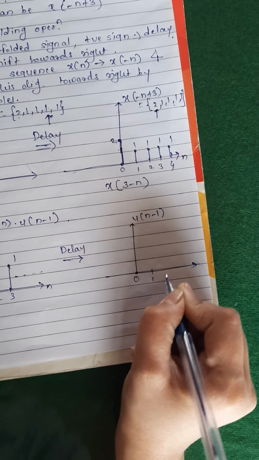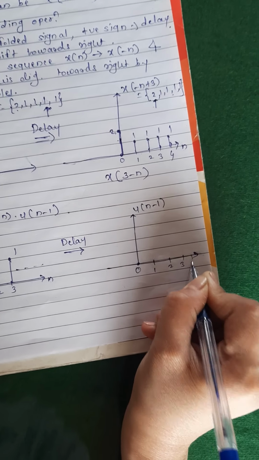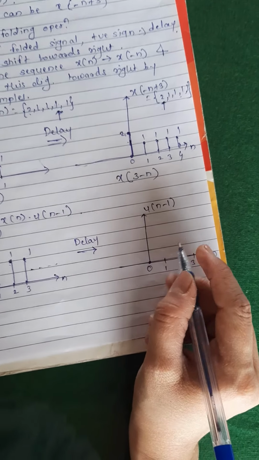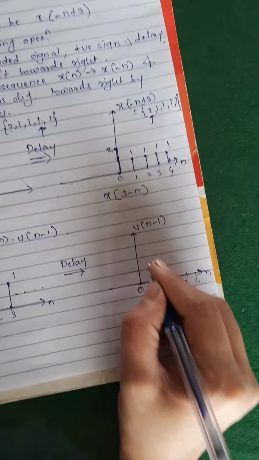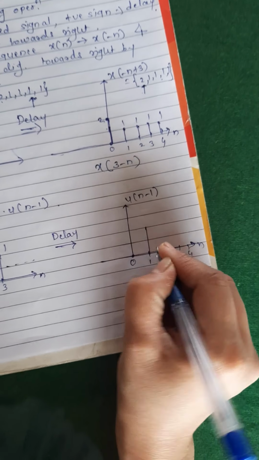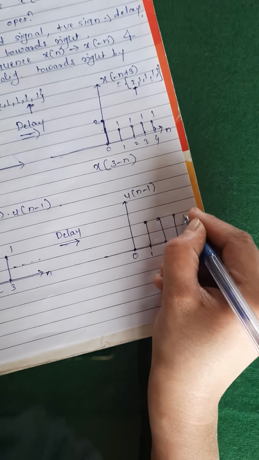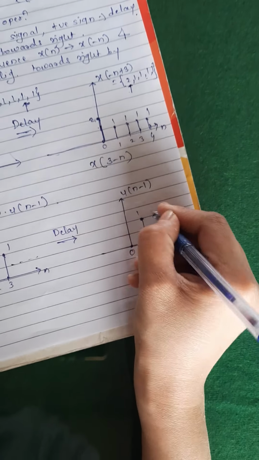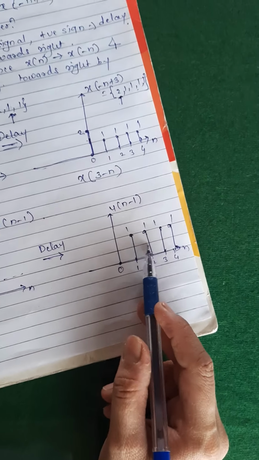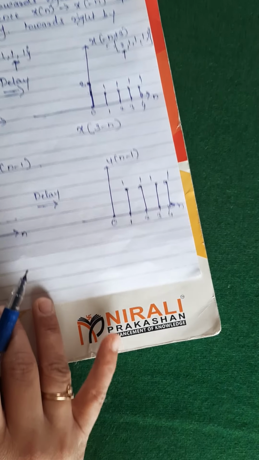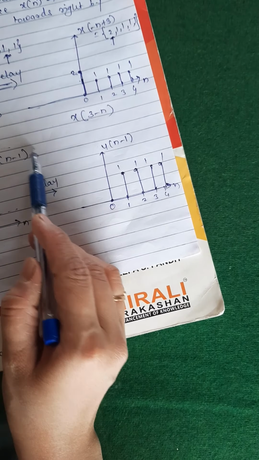This is 0, 1, 2, 3 and 4. This is n. We have to shift this signal by one sample. So it is 1, 1, 1. This is u of n minus 1.